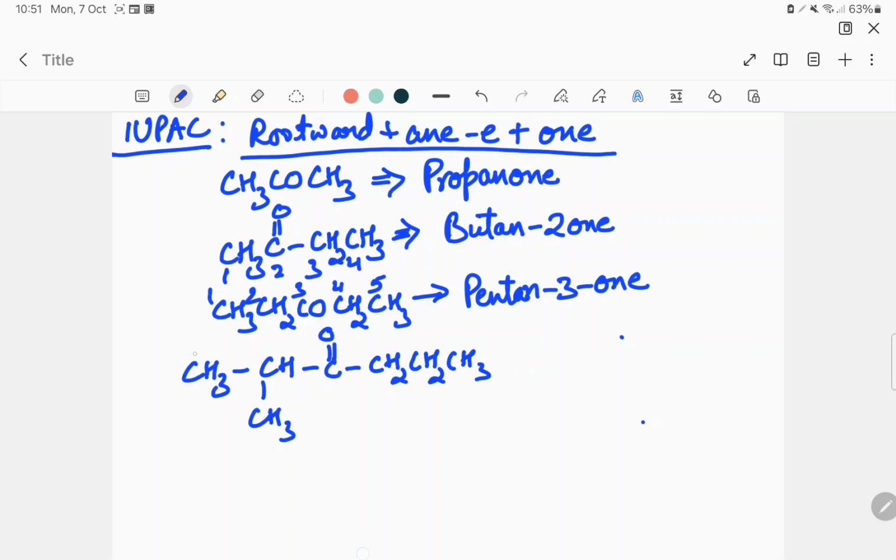The numbering of the chain will start from here: 1, 2, 3, 4, 5, 6. It is going to be 2-methyl hexan-3-one. So this is the IUPAC method of naming.